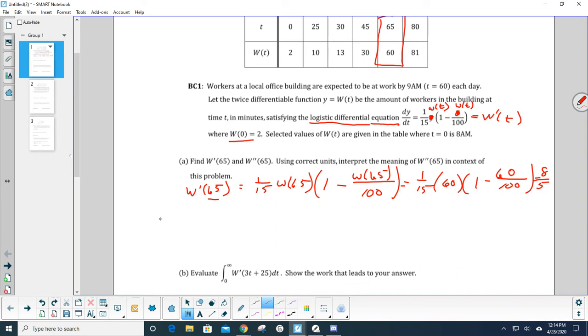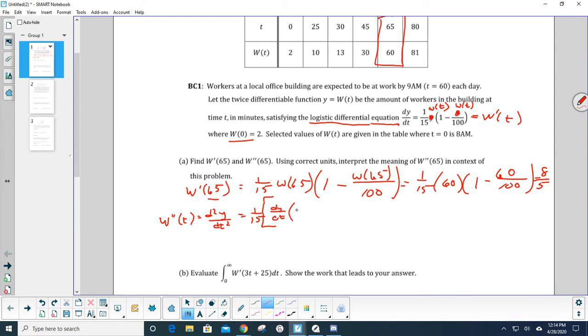So let's take a look at the second one. We have the second derivative. I'm just going to use a t in there right now. So I'm going to have 1 over 15. Take the derivative. And let's go ahead and put the 1 over 15 up front. Okay, I'm just leaving it out there. So I'm taking the derivative of the y.